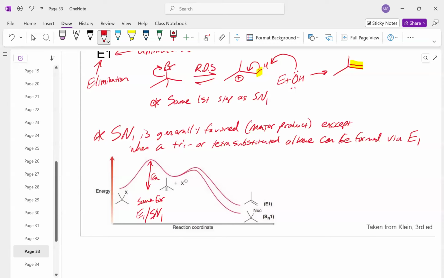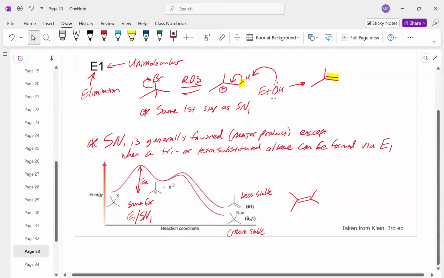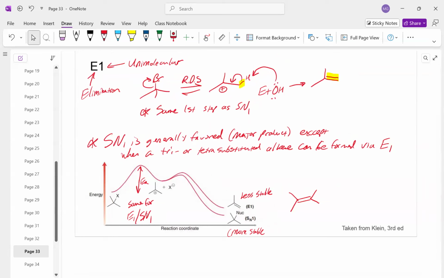Generally, the SN1 product is more stable, and the E1 product is less stable. Now, what would make that different is if you had, say, a tetra substituted alkene that could be formed. So, as I said, SN1 is generally favored. It's the major product, except if you can make a very stable alkene, like a tri or tetra substituted alkene.